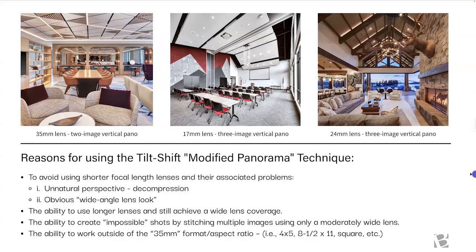And then this other one here, I would have at least needed to use a 17 millimeter lens in order to do this panorama. And so this way I use this in shifting the lens to give me this perspective with a longer lens gives me a wider coverage, but I can use a little bit longer lens in order to do that.